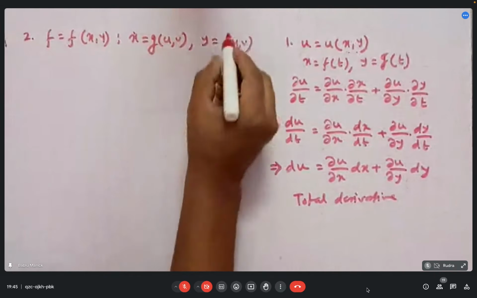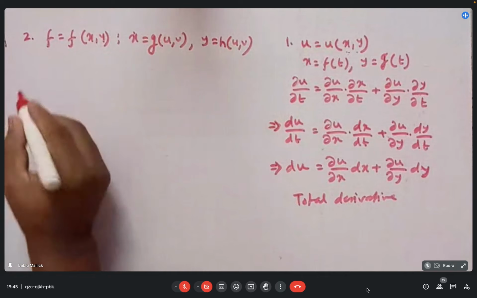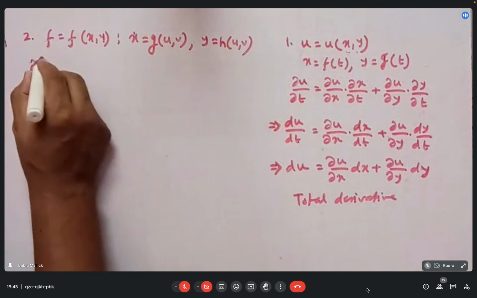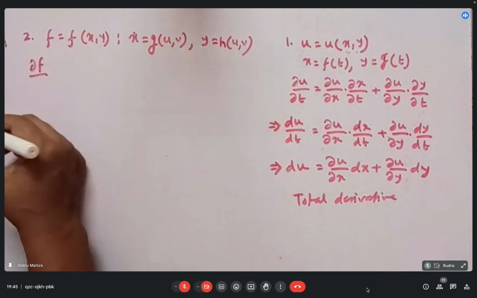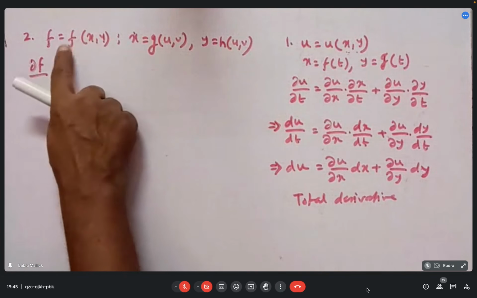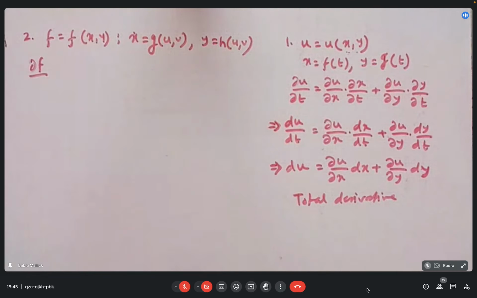So what will be then del f del x? So del f del u is equal to, when you put the values of x and y here, f will become a function of u and v.